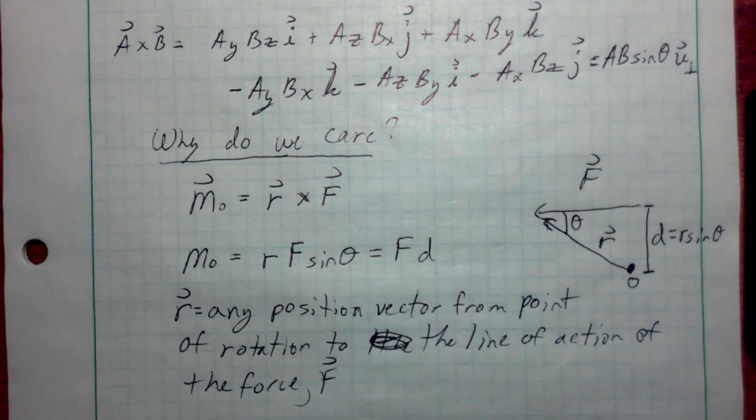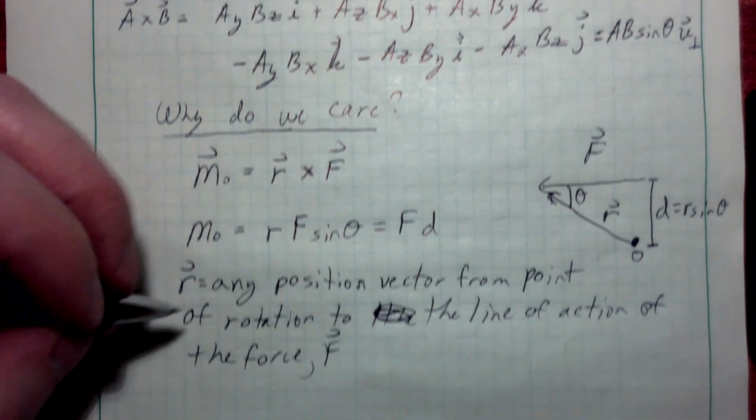It is any position vector from the point of rotation out to the line of action of the force. And again, theta represents the angle between the vectors, between the line of action of the two vectors. Okay.